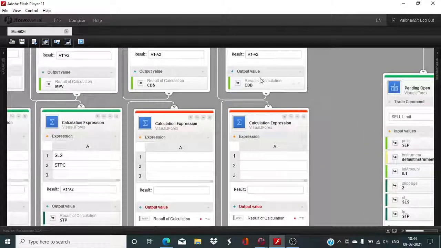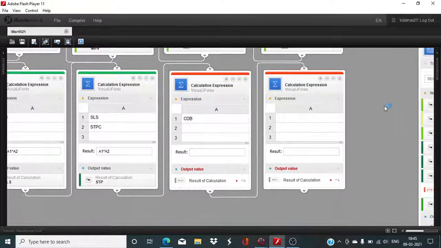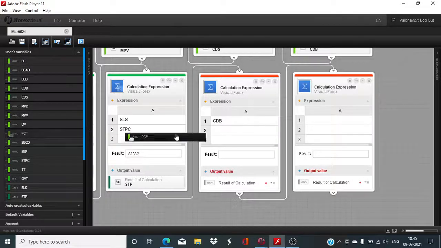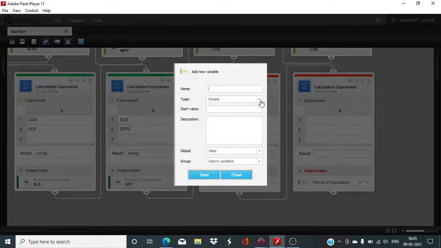So in this case, we take this candle difference and take the conversion factor. We do a1 into a2, and then the result of the calculation needs to be in integer data type.